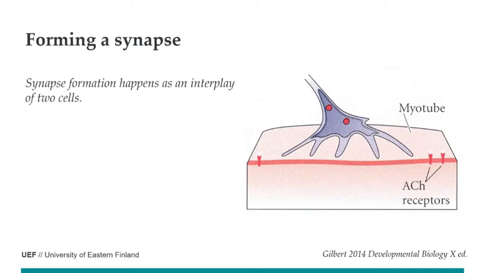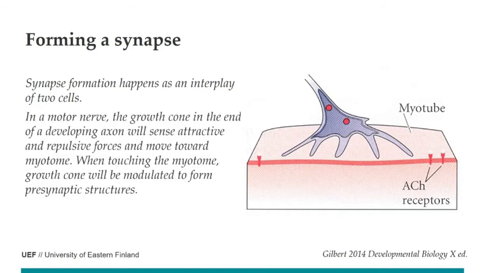The synapse forms as an interplay between 2 cells. In the motor neuron, the growth cone, the tip of the developing axon, sends attractive and repulsive forces, and it will be growing toward the myotome. And sooner or later, it will find it.